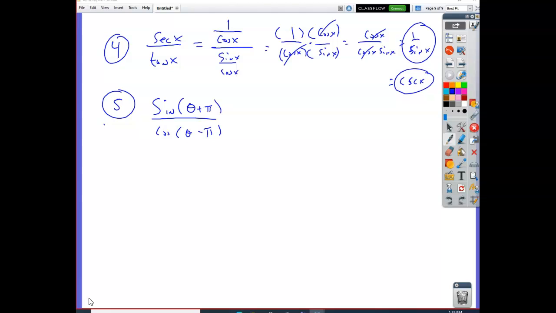What do you want to do? 2 pi. Add 2 pi to what? The bottom one. If I add 2 pi to the bottom one, what do I get?